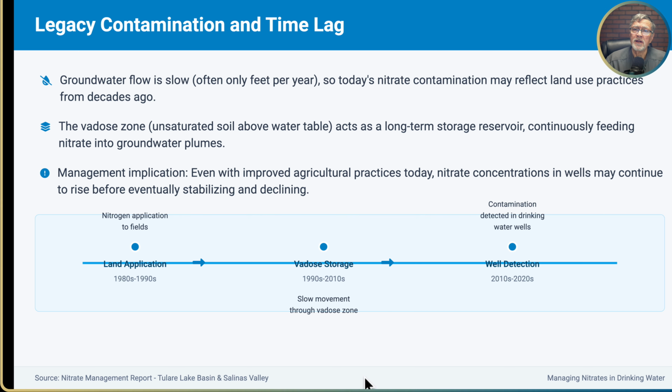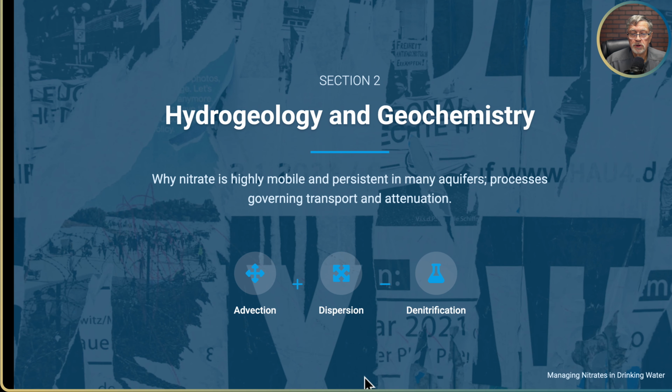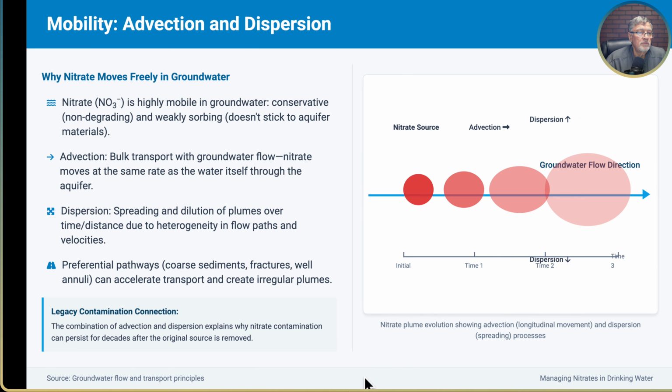All right, hydrogeology and geochemistry. So, why is nitrate highly mobile and persistent in many aquifers? Because it is highly mobile, and it does not attenuate well. So we're going to look at why that is, and we're going to look at the processes governing transport and attenuation. So, mobility, we're going to talk about advection and dispersion.